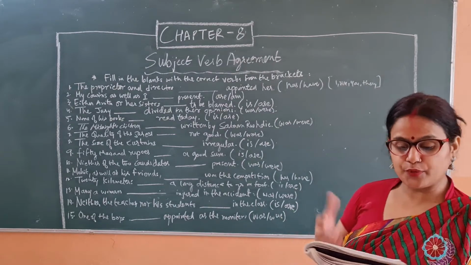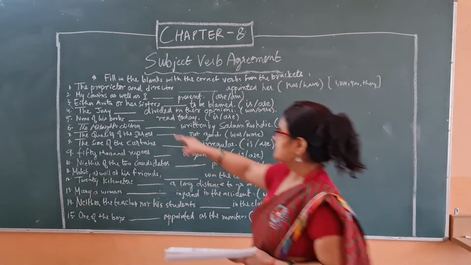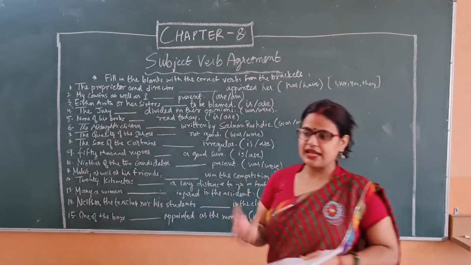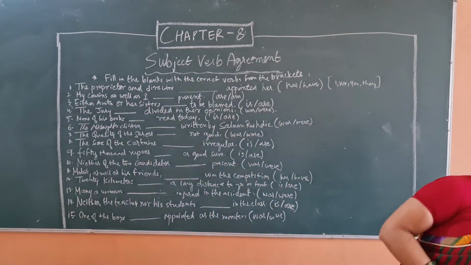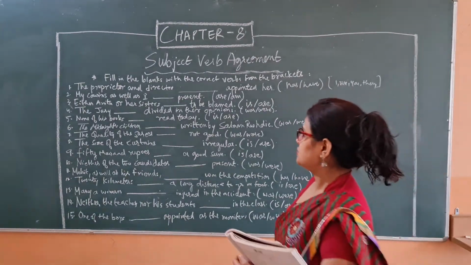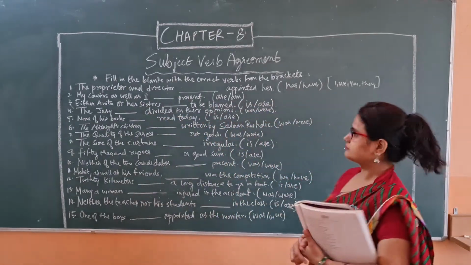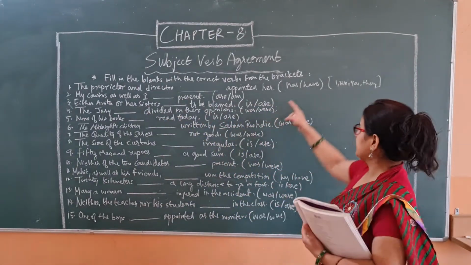The first one, the proprietor and director. Now remember students, it is not or, it is and. So whenever there is and, it means they are talking about two personalities, not one. So the proprietor and director appointed here. So now has and have.